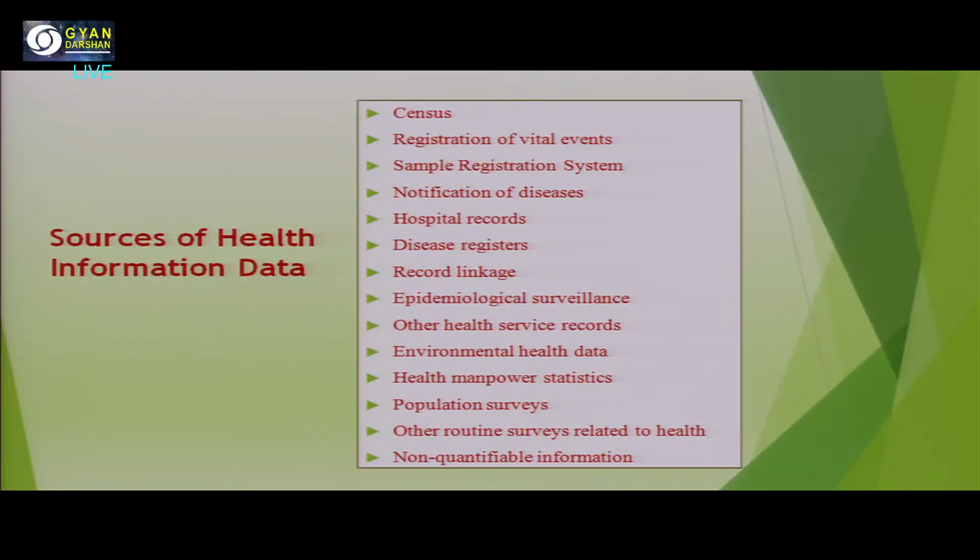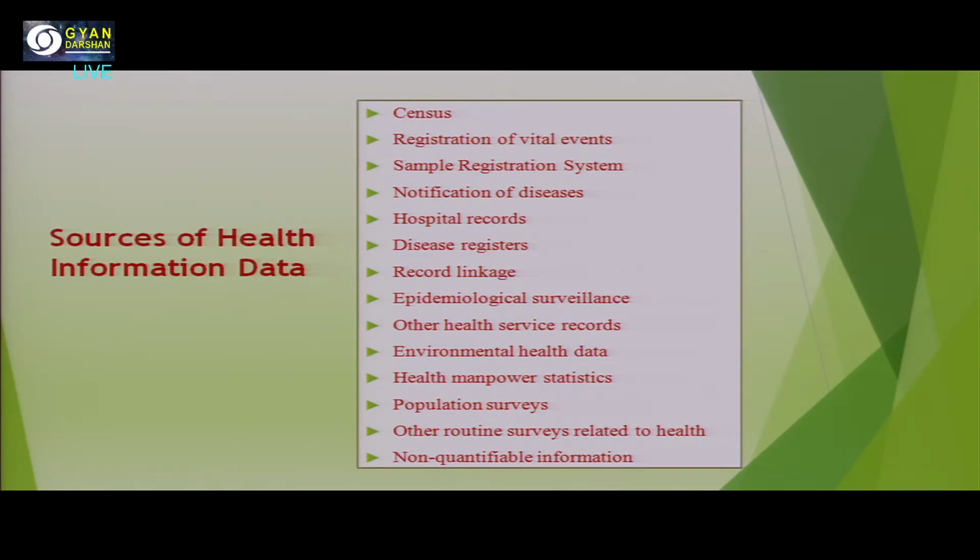Then there are various records, linkages. Then epidemiological surveillance. When epidemiological surveillance takes place in the community, like for the pulse polio immunization, if any child is left out of polio immunization, the epidemiological survey tells whether the coverage is 90% or any child is left to be given polio. So that information can be a good source of health information.